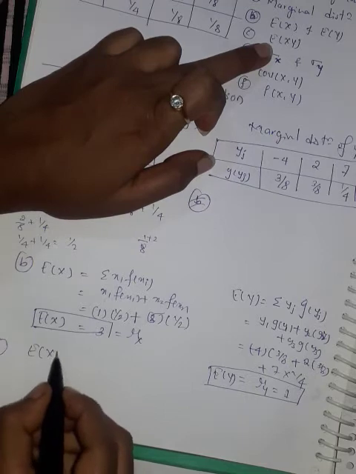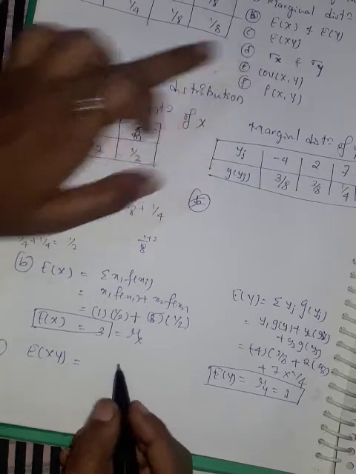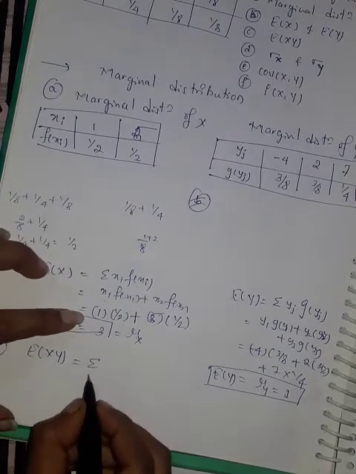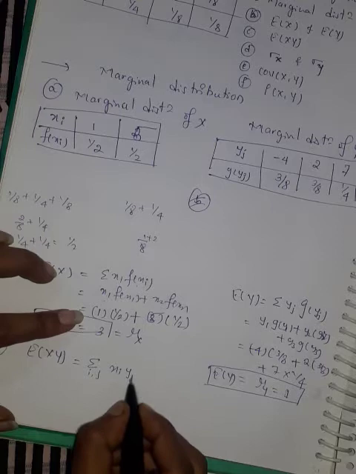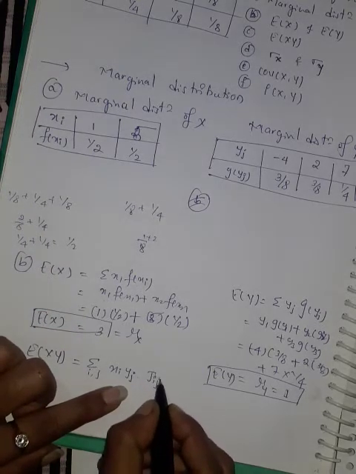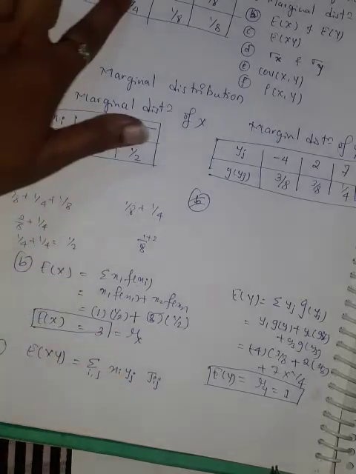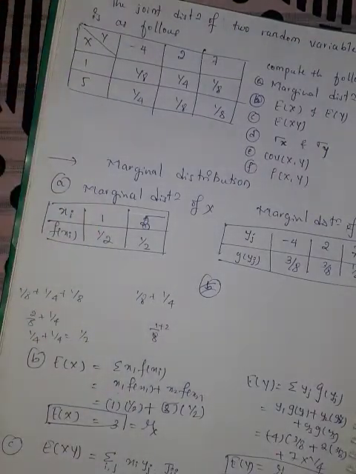Expectation of x into y, which is given by the formula here, is the summation over i, j of xi yj into Jij. Jij is nothing but all these entries; you can see them in the general table.